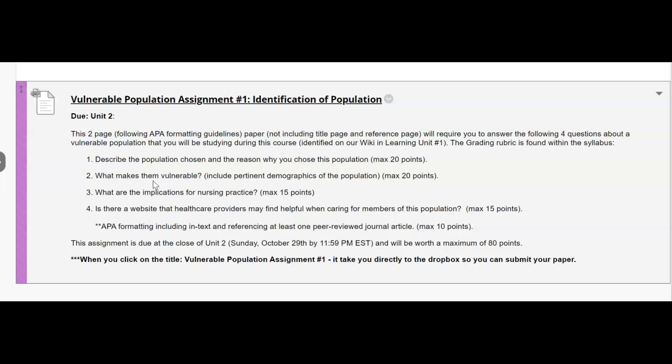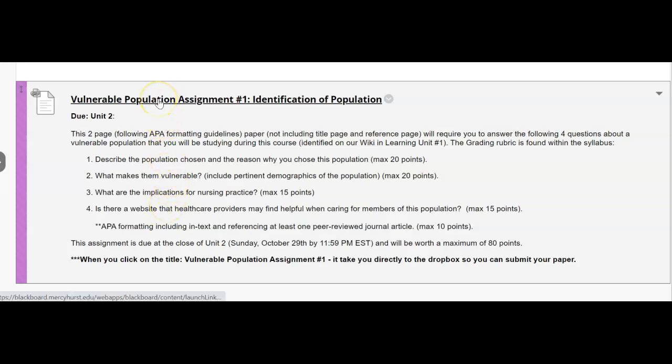What makes them vulnerable? So you're going to include some pertinent demographics of your population. What are the implications for nursing practice? And then one last thing, is there a website that healthcare providers, not the layperson, but healthcare providers can find helpful when caring for members of this population? So that's to get you going on developing your expertise and knowledge in your vulnerable population.